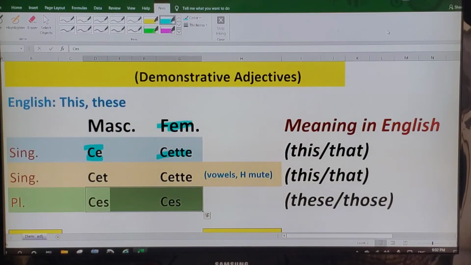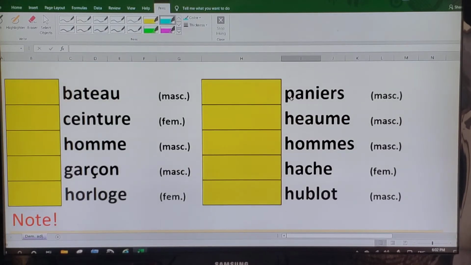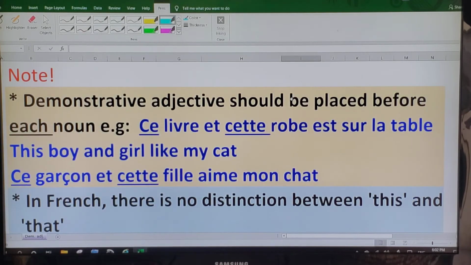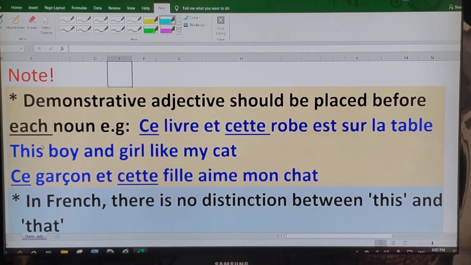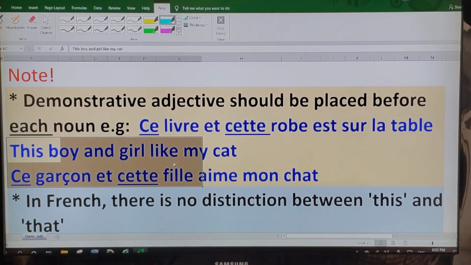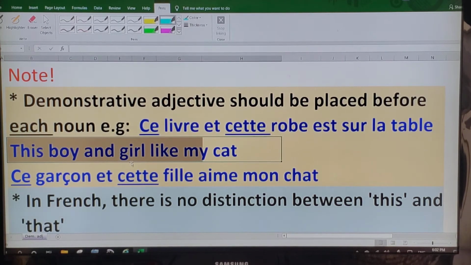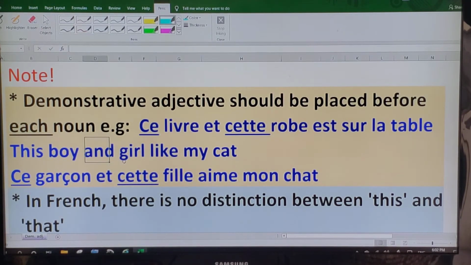Here are some little notes that you need to keep in mind when we deal with demonstrative adjectives. First one, a demonstrative adjective should be placed before each noun. What does this mean? Now in English, we say this boy and girl like my cat. We do not say this boy and this girl like my cat. So we generally omit the demonstrative adjective in English.